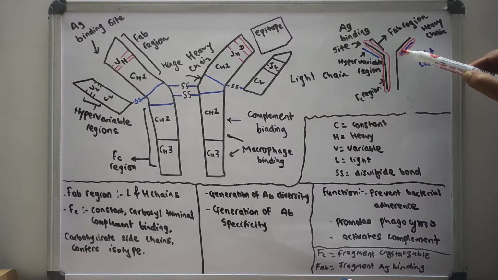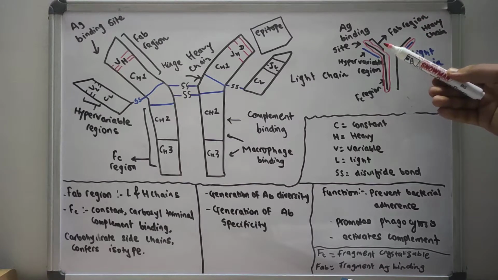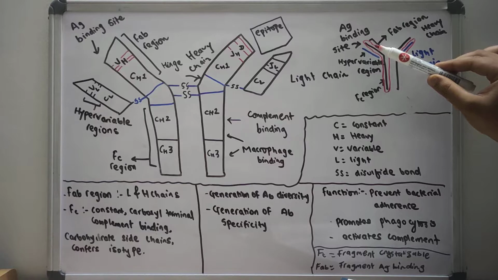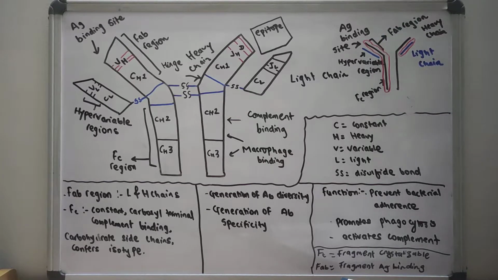So the FAB region and the hypervariable region: the FAB region is situated in the heavy chain, whereas the hypervariable region is situated in the light chain, whereas the antigen binding site is contributed by both light chain and heavy chain.